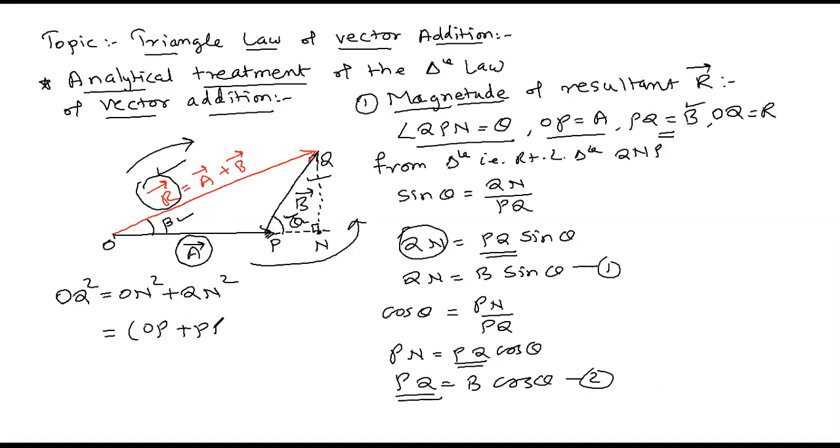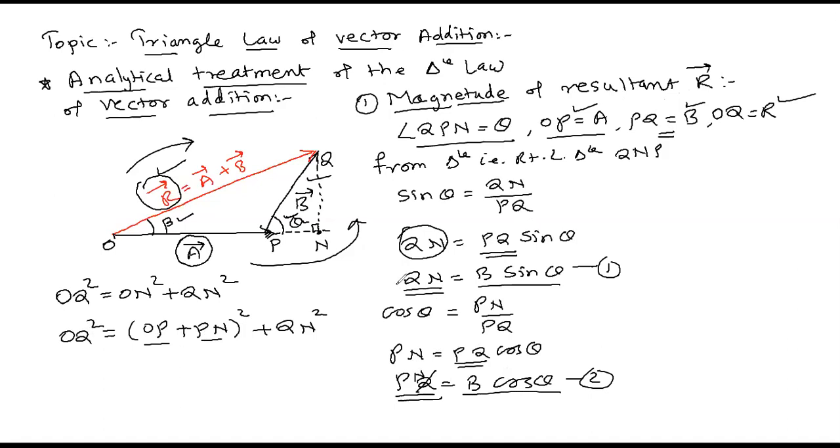So OP plus PN whole square plus QN square is OQ square. I will put the values of OP and PN from this one. OP is A, and PN, sorry, here should be PN, so PN is equal to B cos theta, and QN is equal to B sin theta.